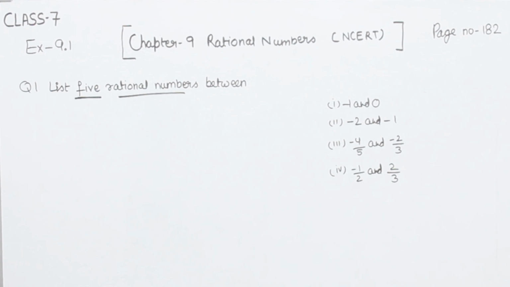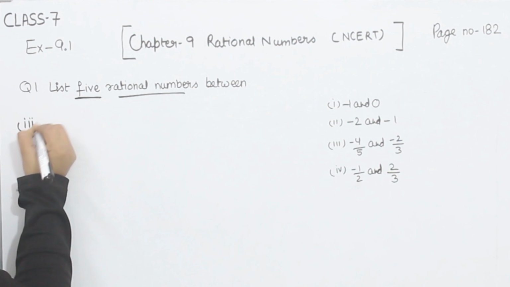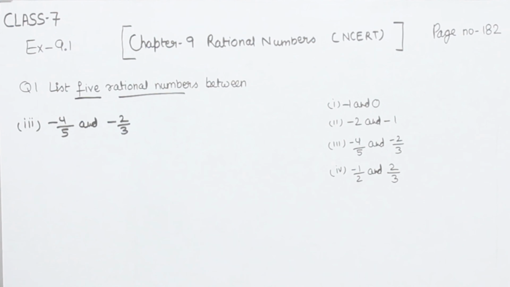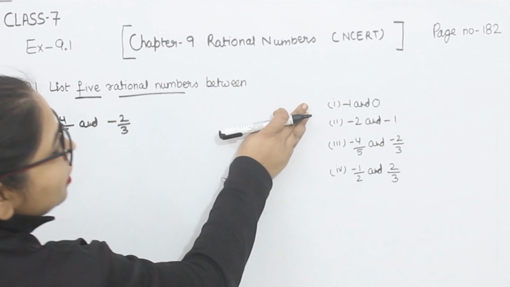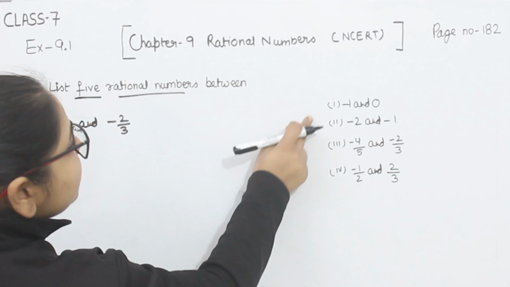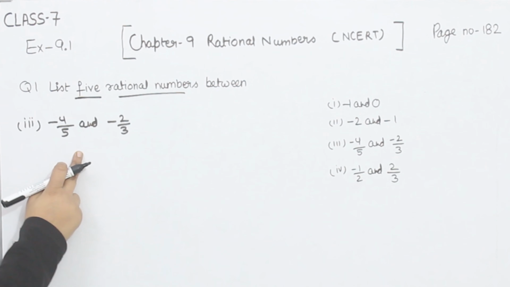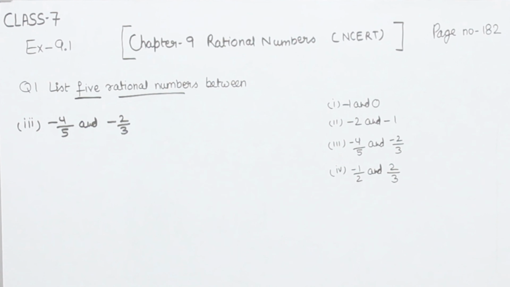Now we come to part 3. In part 3, the numbers are -4 by 5 and the second rational number is -2 by 3. In part 1 and part 2, we had to convert the numbers into p by q, but in this question the rational numbers are already in the form of p by q.